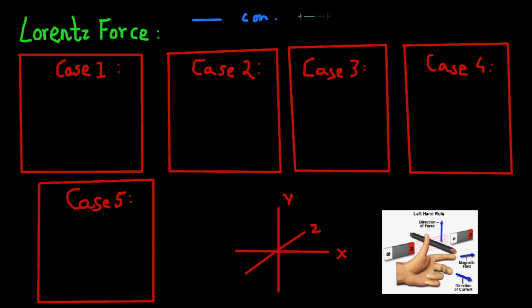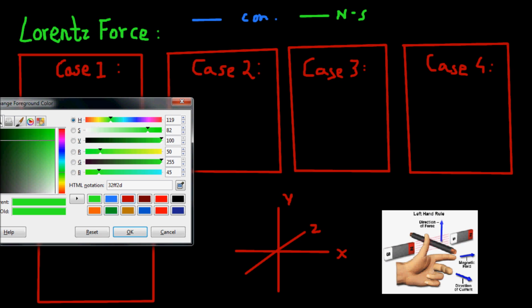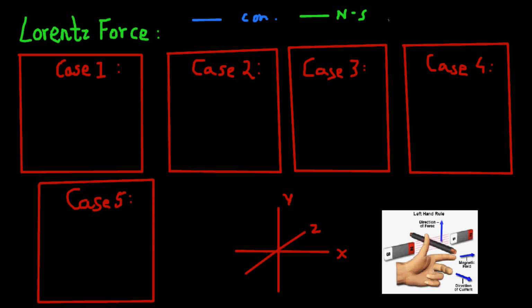I think you know what they are. You would have done this in section A. It's all the lines going from north to south in the magnets. So I'm just writing north south here. And let's also denote the force by another color, say a yellow. This is the force. I'm writing F. And this force, mind you, is called Lorentz Force. It's the heading right now.